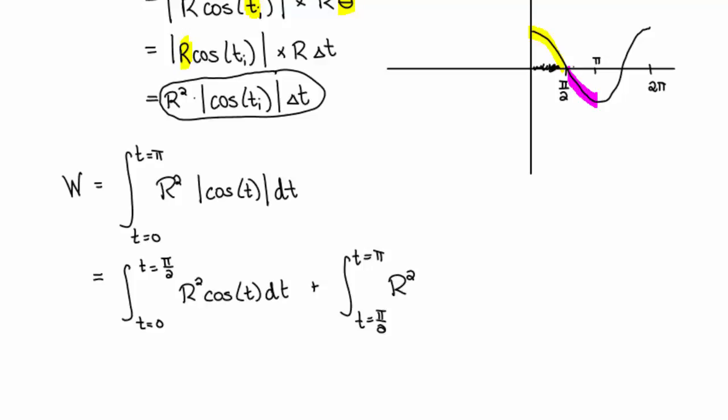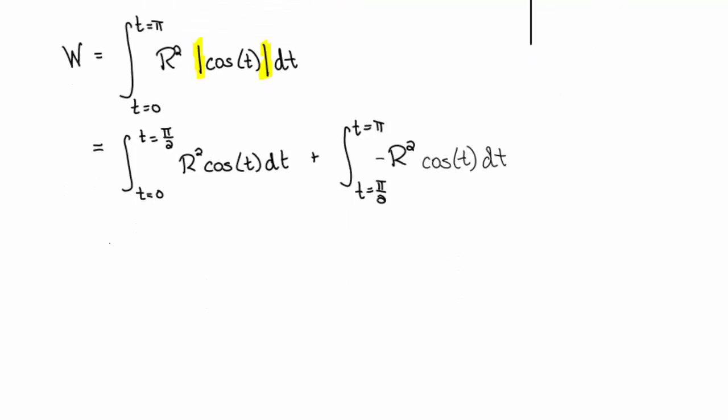The cosine from time pi over 2 to time pi is negative. And if I want to rip off these absolute value signs, let me highlight them, I have to force the cosine to be positive. Right now, between time pi over 2 and time pi, it's negative. So to force it to be positive, I need the opposite of the cosine. If I do that, now the opposite of the cosine on that interval will actually be positive.